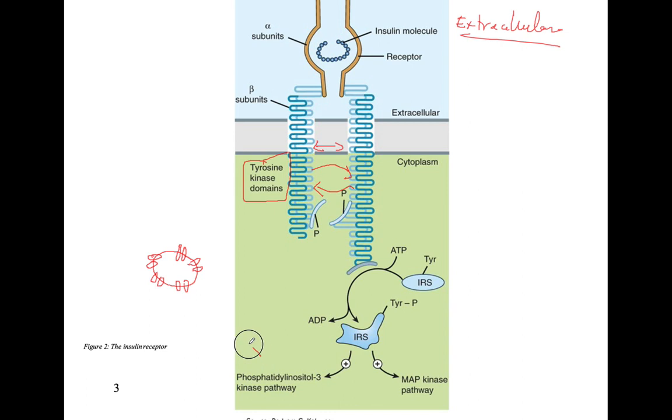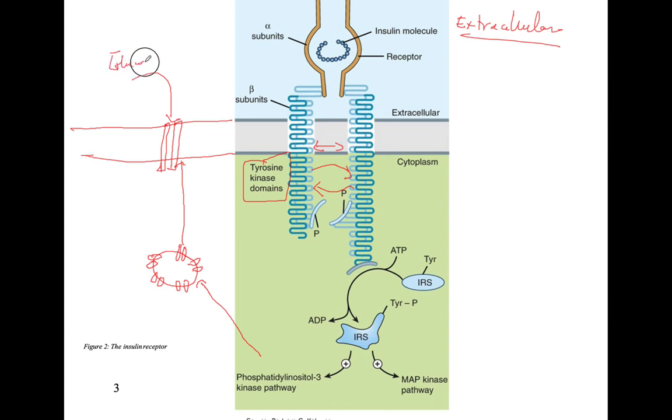This series of events is going to lead to the glucose transporter 4 being translocated from the storage vesicle to the cell membrane. Once it's transported to the cell membrane, then glucose will be able to get inside of the cell.